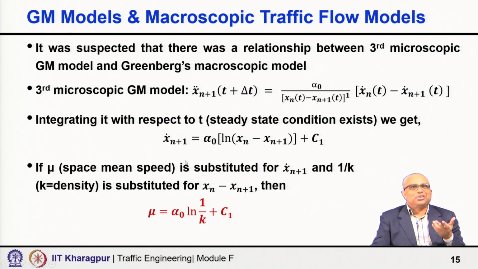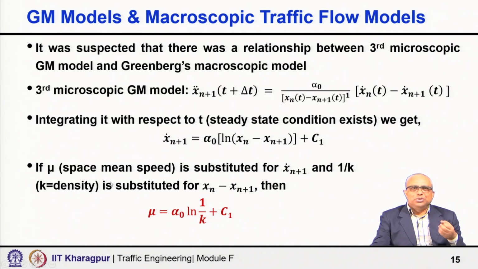You get speed x dot n plus 1 equal to alpha 0 into ln of x n minus x n plus 1, because in the denominator it was x n minus x n plus 1. I have omitted the t term here for simplicity. So it comes to the log of this plus a constant term.